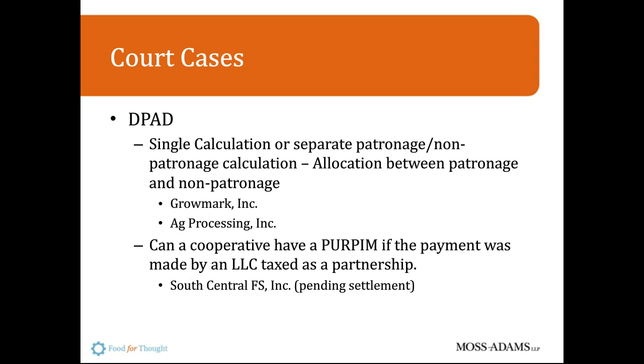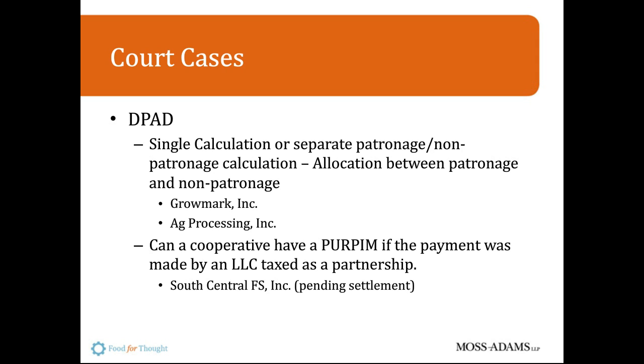The reason for that is typically for most agricultural marketing cooperatives, the patronage part would be limited to 50% of the allocable wages, and the non-patronage part would be limited to 9% of qualified non-patronage income, with the effect of reducing the overall deduction.